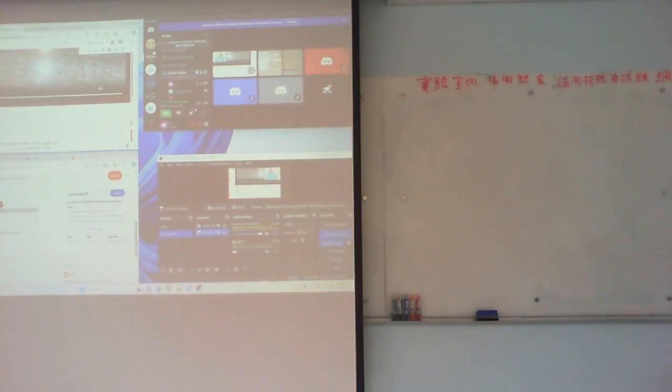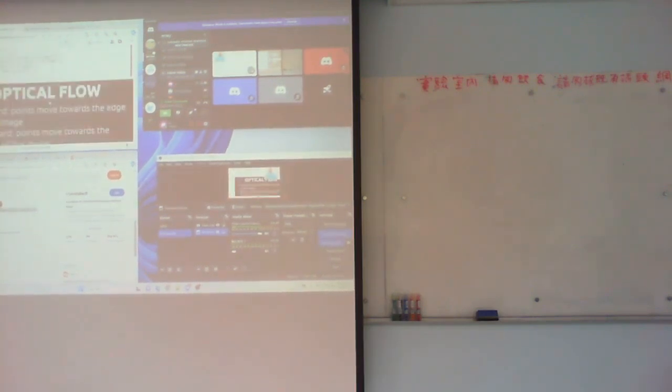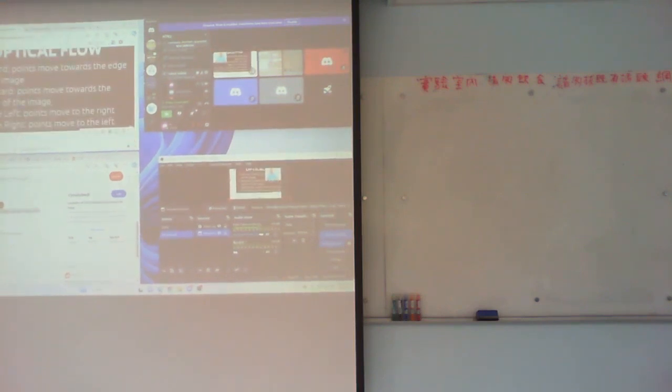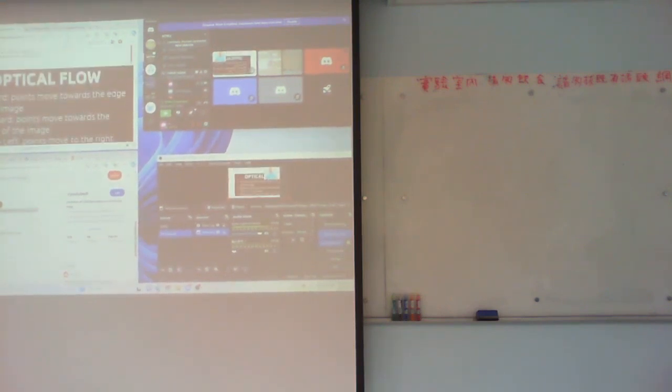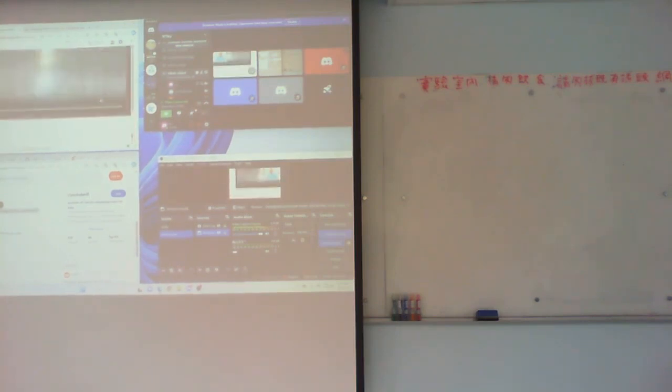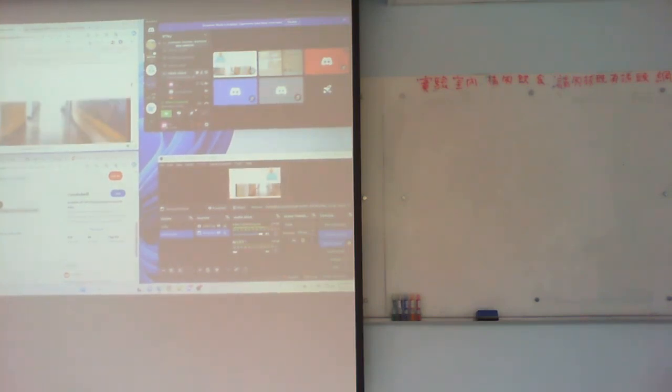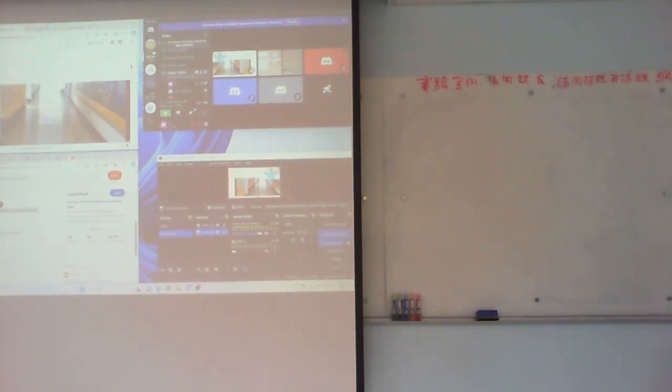So we want to be able to do the same thing with the robot. When we move forward, if you look at the trajectory of the points, you can see depending on their height, they will either move up out of the image or down towards the outside of the image.